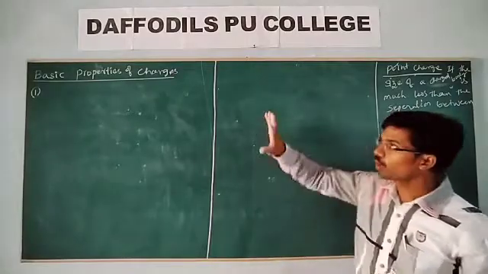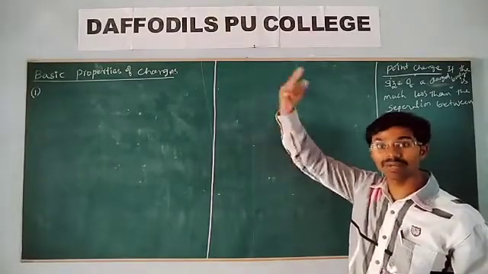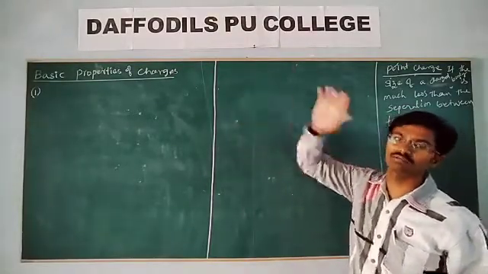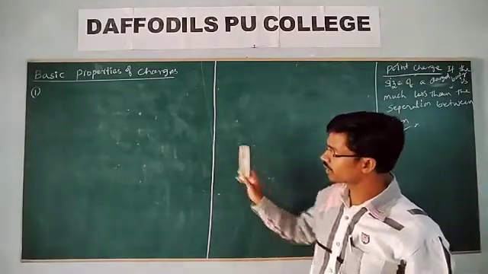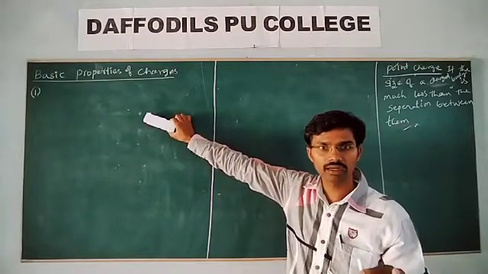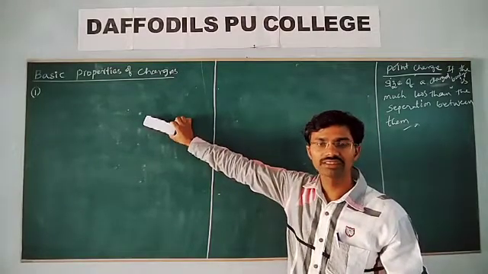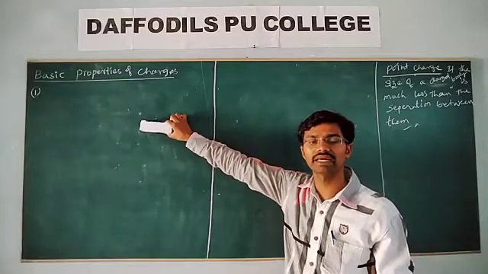Whatever you have isolated, separated, this is nothing but a system. But if you want to discuss this board and duster, these two together can be treated as a system.